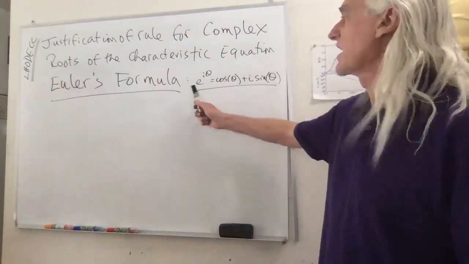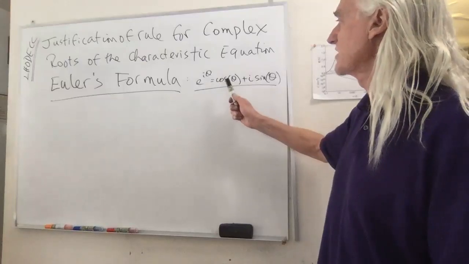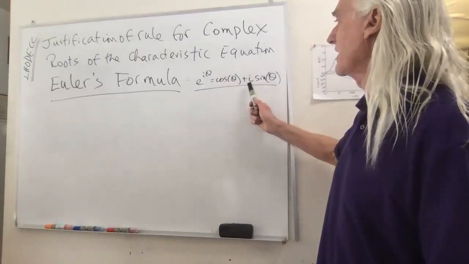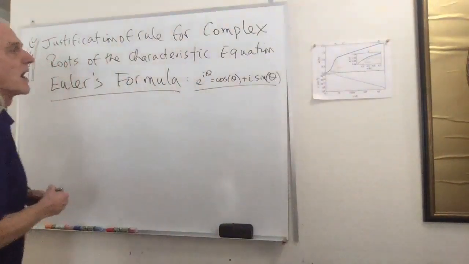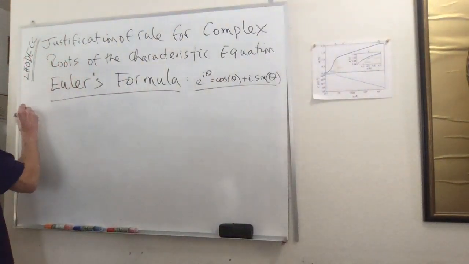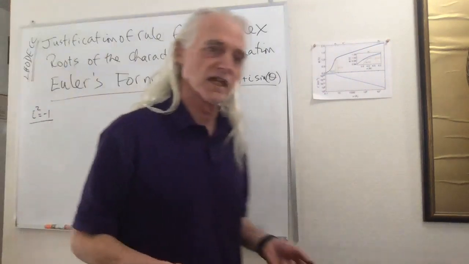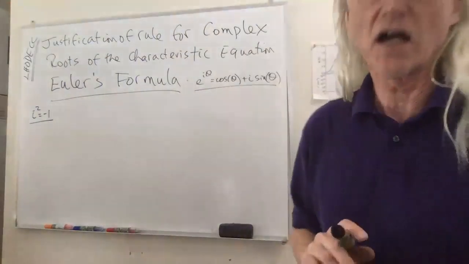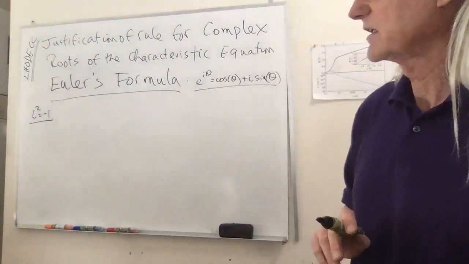Euler's formula says that e to the i theta is equal to cos theta plus i times sine theta. And i is, of course, the imaginary unit. i squared is -1. No real number squared is -1, but i is a complex number, a pure imaginary number, and i squared is -1.